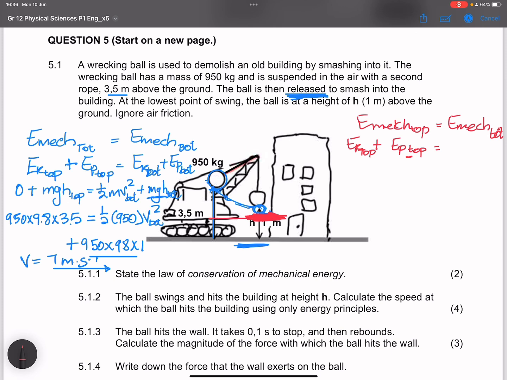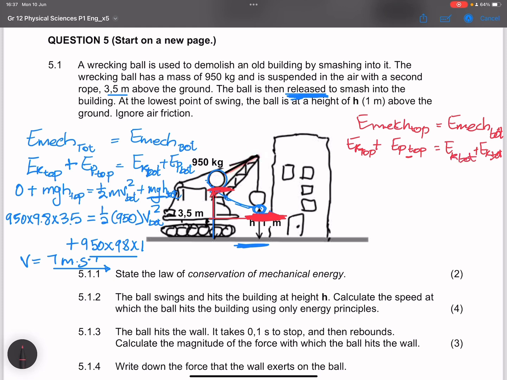So I'll take the height difference between those 2 points, which is 3.5 minus 1, that would be 2.5. And so this would be EK top plus EK bottom. Now, I said top there, so that's EK bottom.